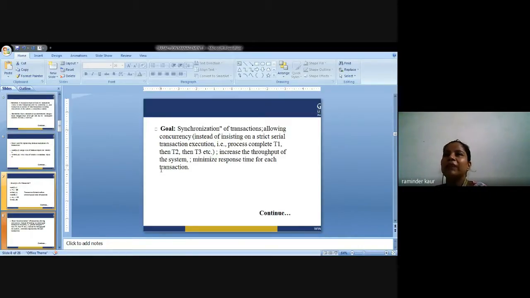Some transactions are required to operate in serial order, but there might be the case that some people do not understand the underlying concept of serialization, and they might require to perform non-serial operations. So there is no strict rule that is imposed while the transaction is getting performed. The first is the process completes T1, then T2, then T3.